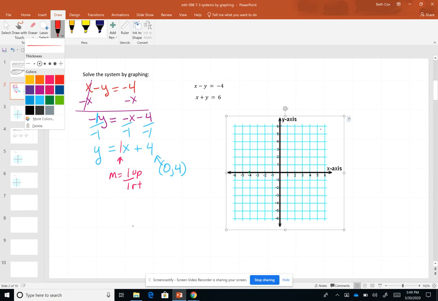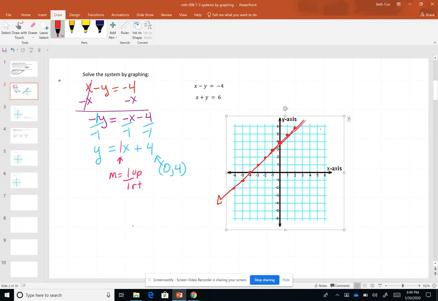So 0,4 is here, and then I go up 1, right 1, dot there. Now, my math lab only lets you have 2 points, but when you're doing it on paper, you can extend your lines as long as you need to using that slope. I didn't do a very good job of graphing that one. There's that line.